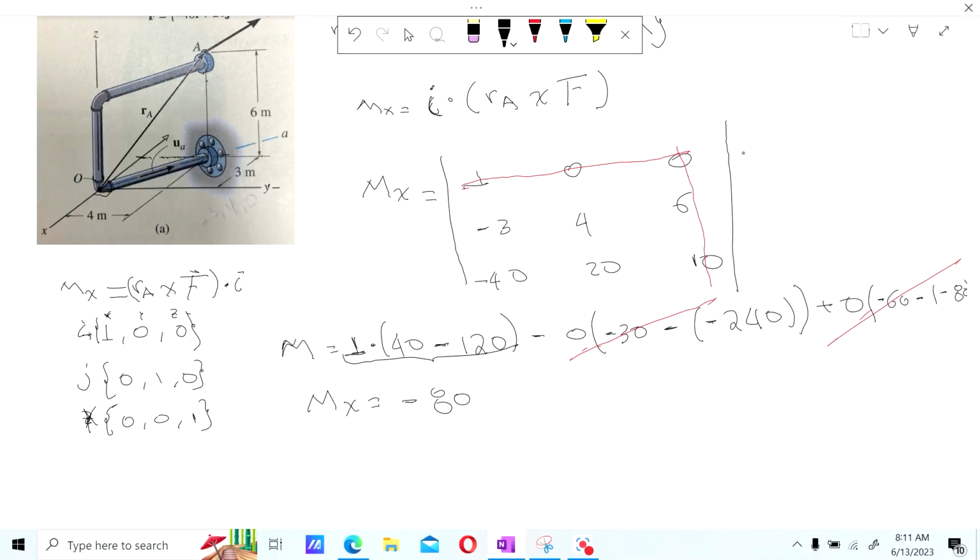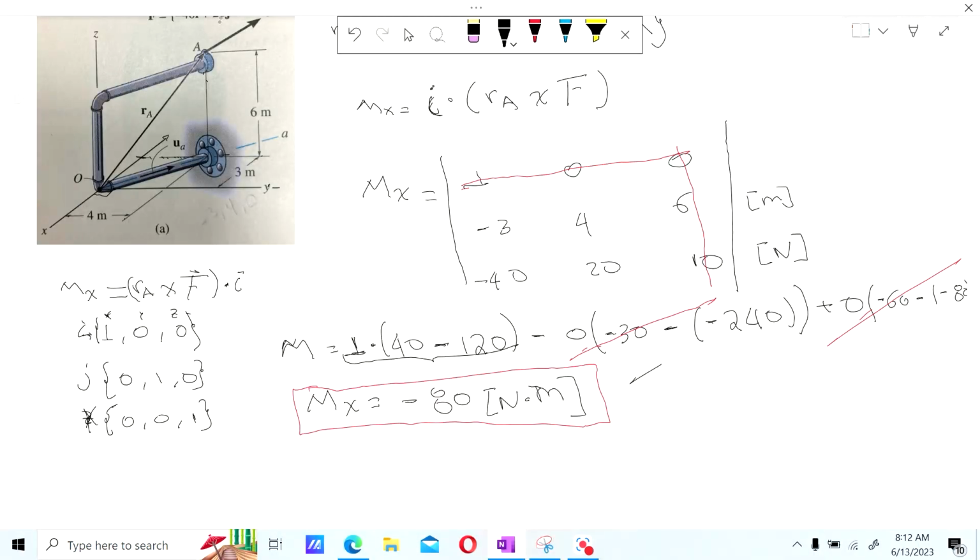The units are, this is unitless, this is in meters, and this is in newtons. So each multiplication is newton-meters, which is the units for the moment, not the momentum, I'm sorry, the moment. Momentum is a completely different concept. All right, so we have the first answer.